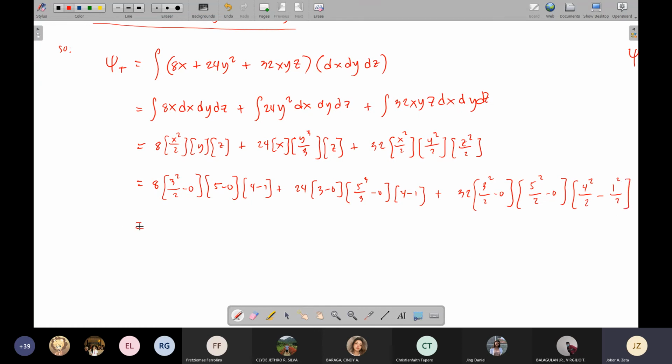Okay. So, let's simplify this. This becomes 9 halves, times 5, times 3. 5 cubed is 125. 125 divided by 3, okay, 125 over 3 again.